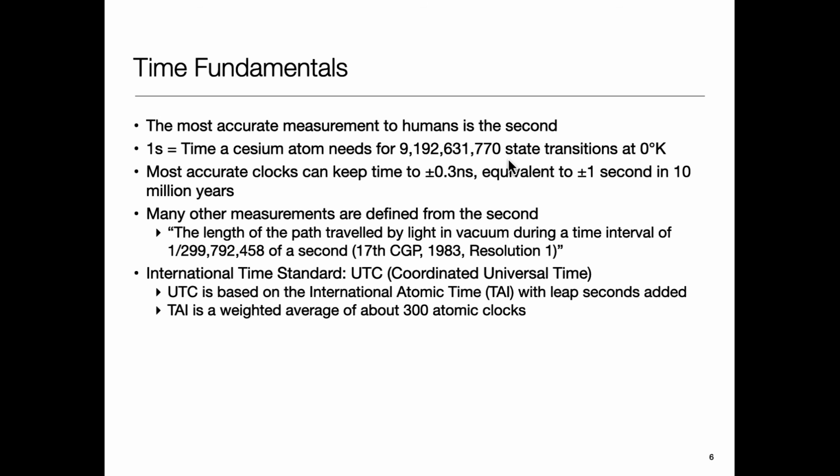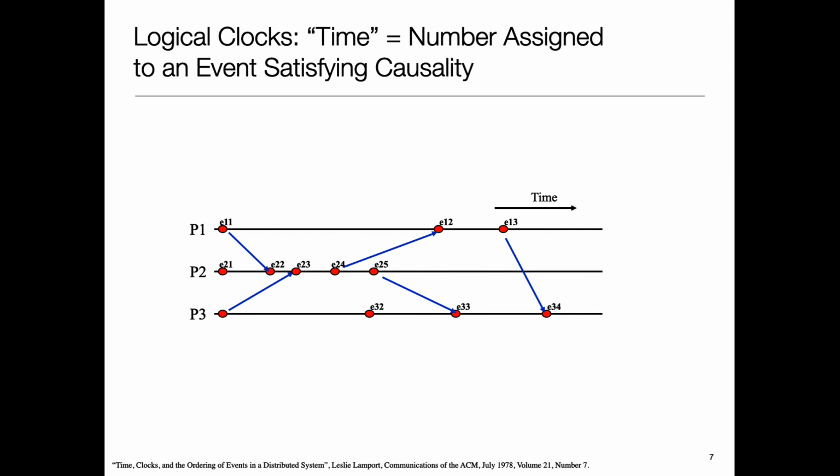UTC is this weighted average, but of course the average can only be done at the end of the day, at the end of some time period. So in some sense UTC is a retrospective time; it looks back and provides the correction factors. Time, because it has been so foundational, people have thought about it: firstly, what is time?